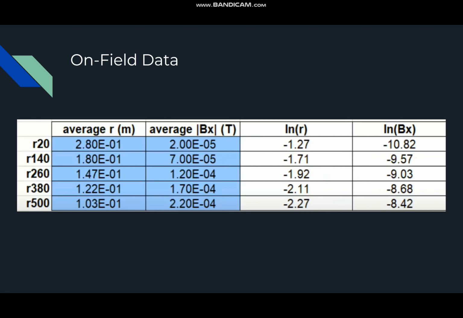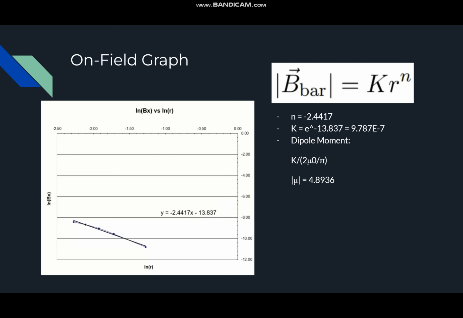Plugging that into a data set, this is for the picture from the left hand image. We can find the average distance, that average r in meters. We also found average bx and ln r, ln bx, and using the two ln's, I could make this graph.